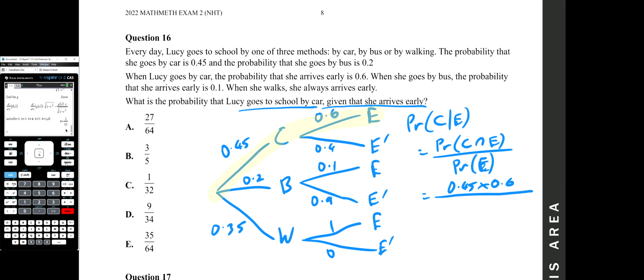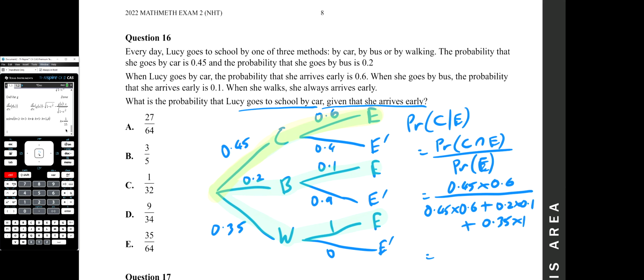Okay, so to get the probability of E, we need to look at the 3 different ways to get E. So we have C and then E, or B and then E, or W and then E. So let's find those probabilities and add them all together. So of course we have 0.45 times 0.6 at the top, plus 0.2 times 0.1, plus 0.35 times 1, and put that into the calculator.